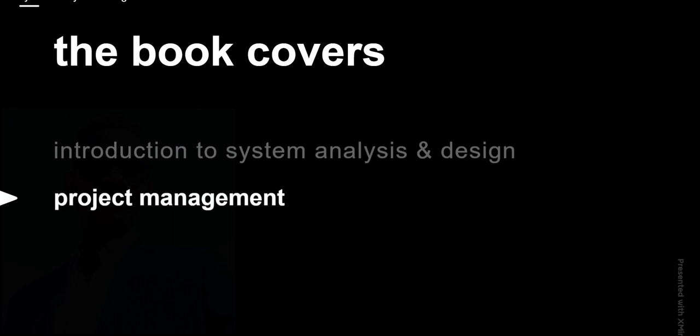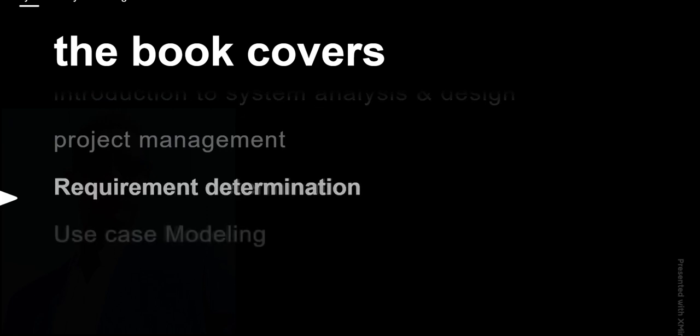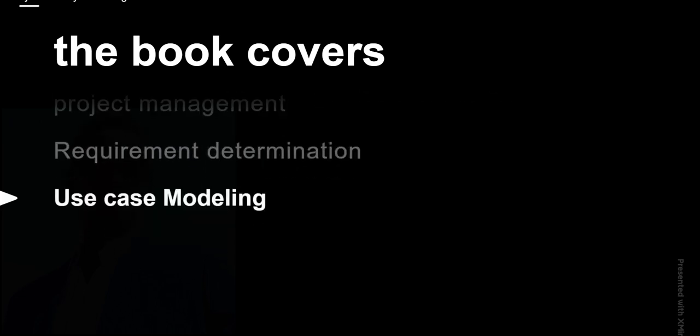And the third section or topic is requirement determination, methods for gathering, as I said in the previous references, methods for gathering, documentation, and validating user requirements using various techniques such as interview, observation, and prototyping are discussed here in this section. And the fourth section is about use case modeling.